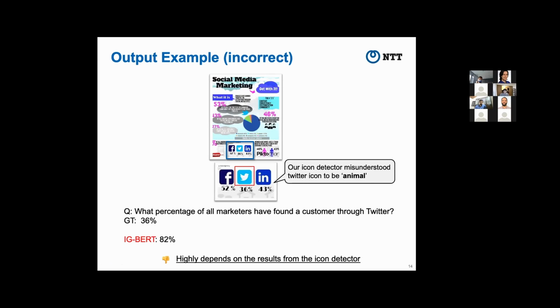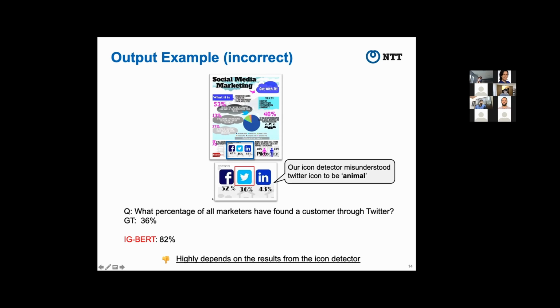This is a failure case. In this example, the question is what percent of all markets have found their customers through Twitter? As you can see, the proposed model could not identify the Twitter icon, which is related to the question, and could not correctly answer its percentage.